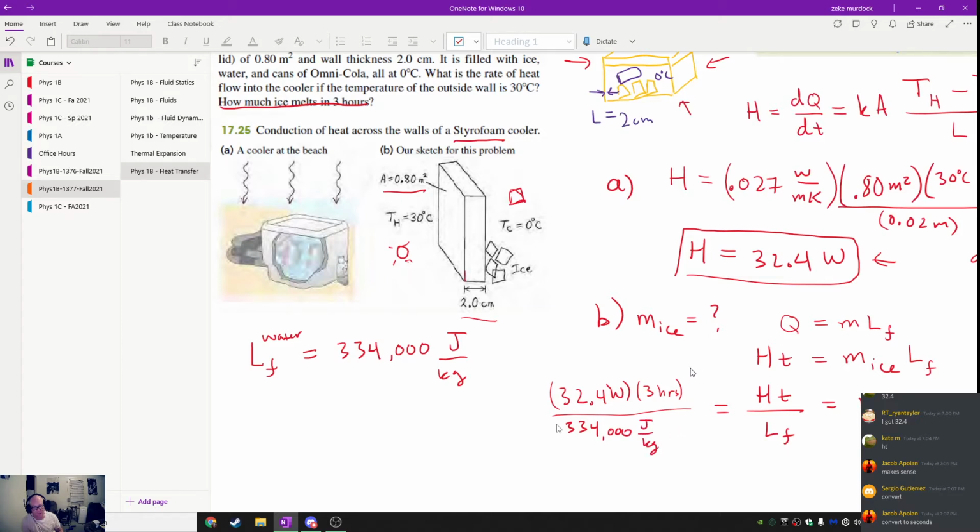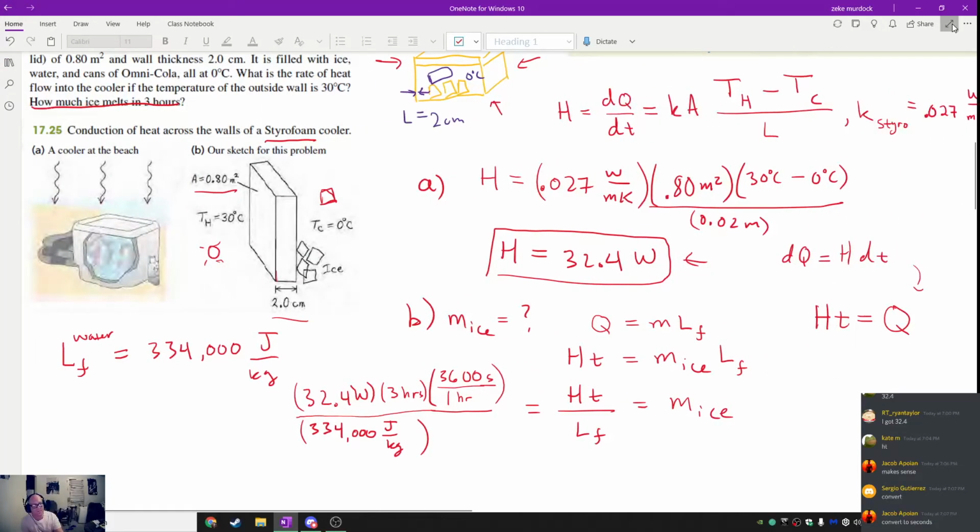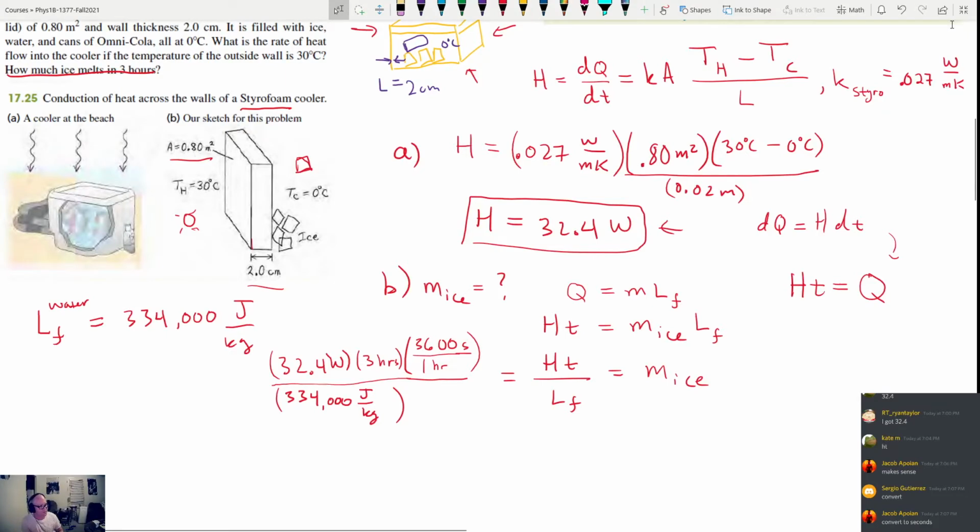And we'll multiply this by the conversion factor for hours to seconds. So the conversion factor there is going to be that 1 hour is 60 times 60, which would be 3,600 seconds, because there's 60 seconds in a minute and 60 minutes in an hour. And there we go. That should give us the mass of ice right there. Any questions?